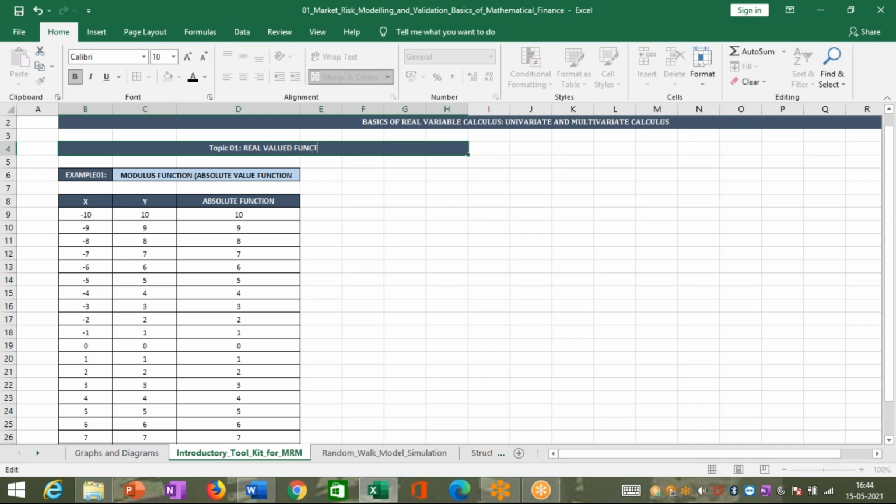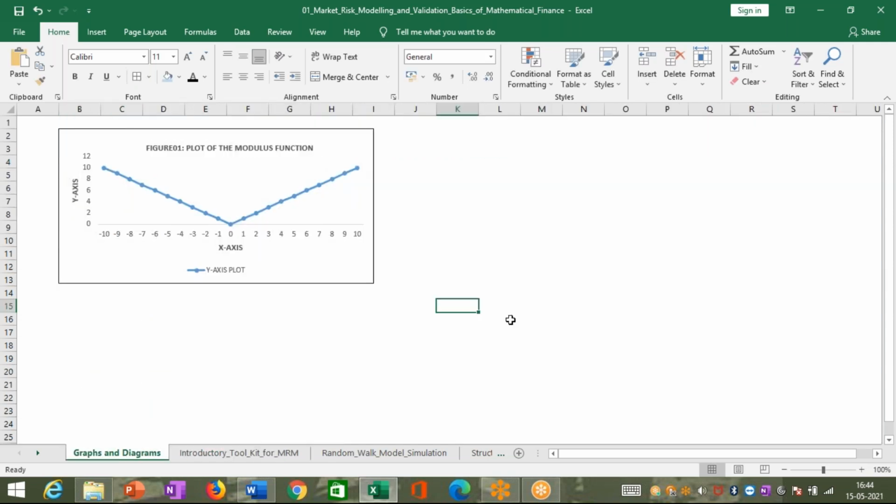Real value function. Yes. So what is one of the most striking characteristics of this function?